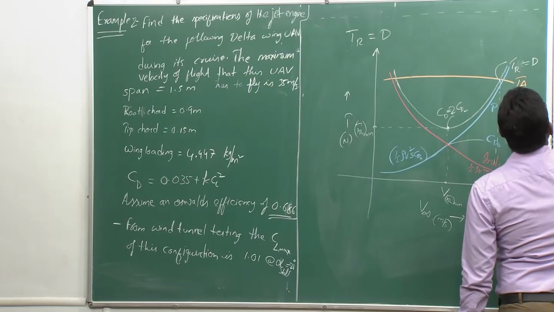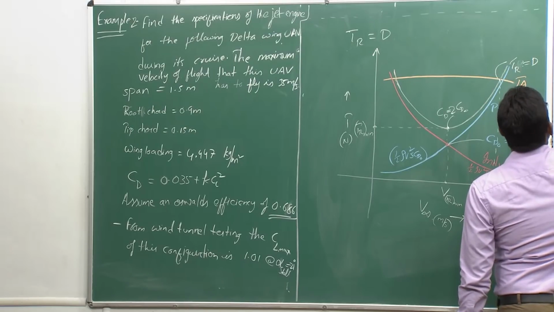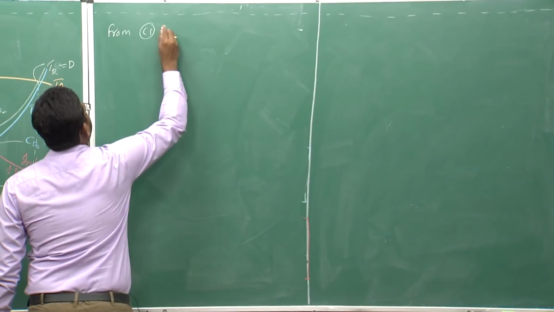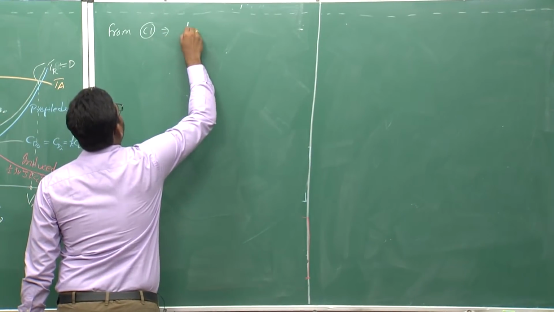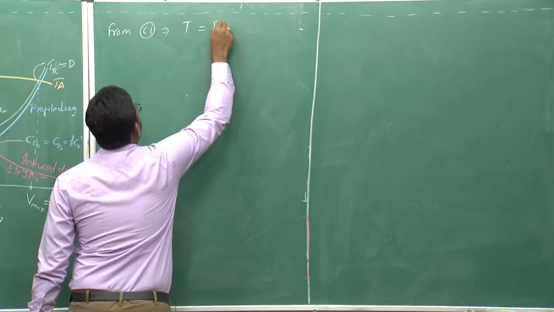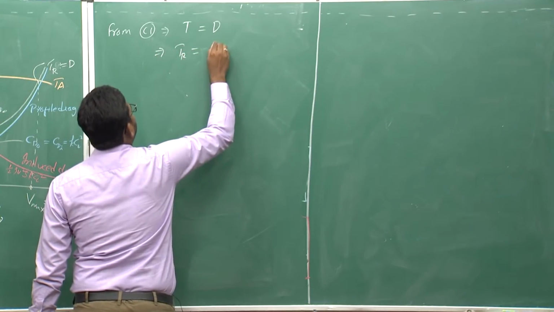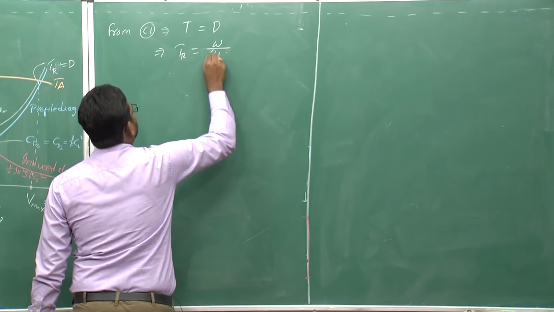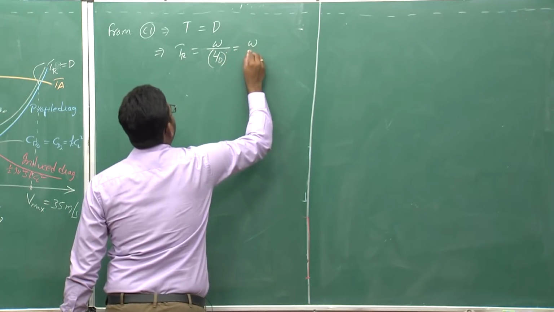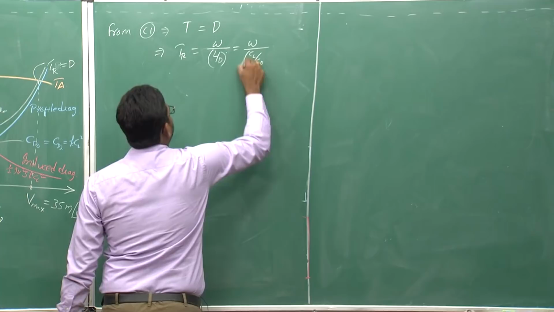So, from C1, what we have is thrust equals drag, and we know thrust required is equal to W by L by D, which we have solved earlier, W by CL by CD.